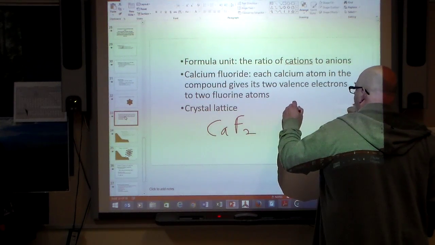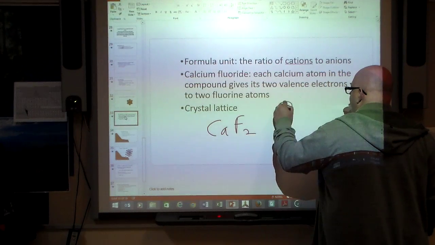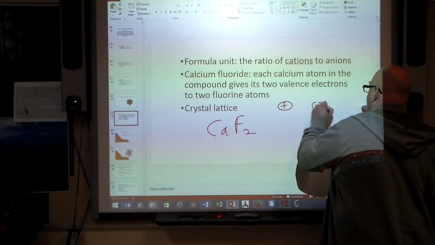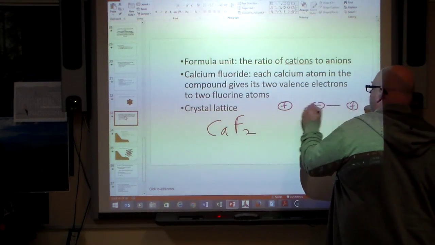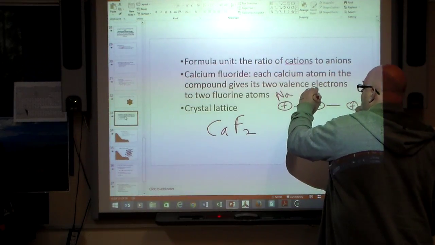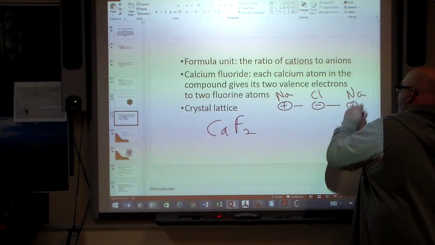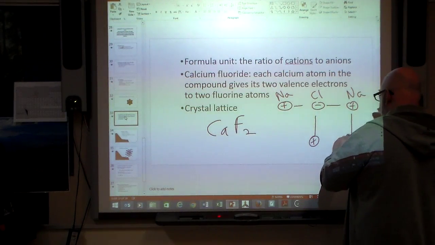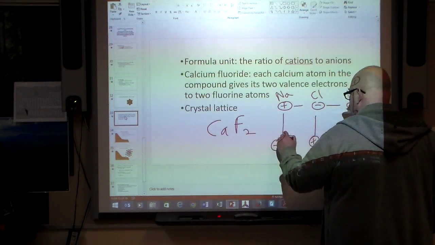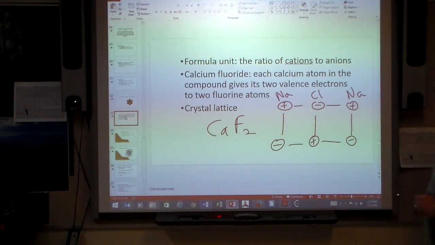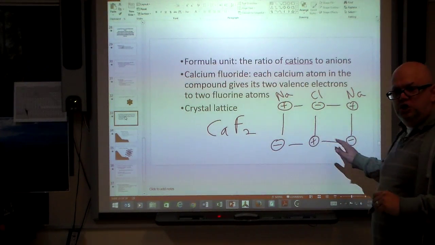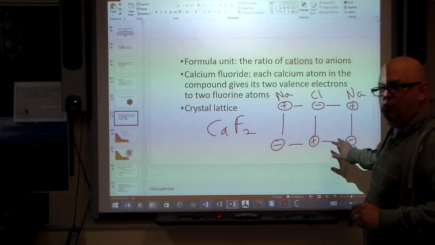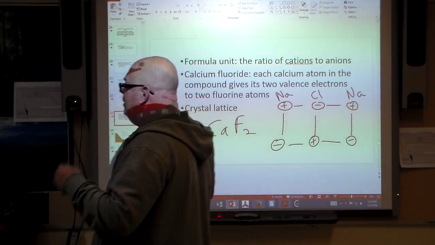Here's Na, here's Cl, here's Na. So here's a positive, here's a negative, here's a positive. This would be an example of a structure, a lattice, and that's what they mean by crystal lattice.